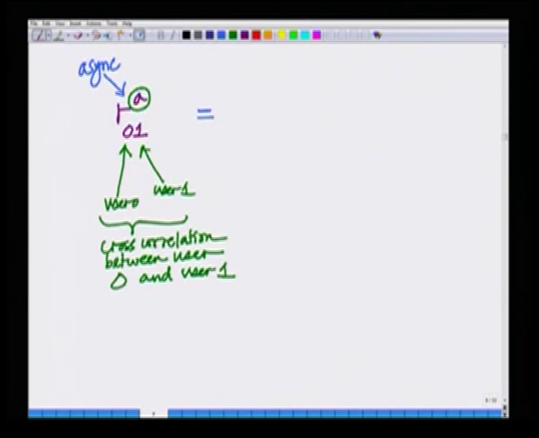So, R01 asynchronous can be written as 1 minus f, that is 1 minus the fraction, times R01 of 0 plus f times R01 of minus 1.